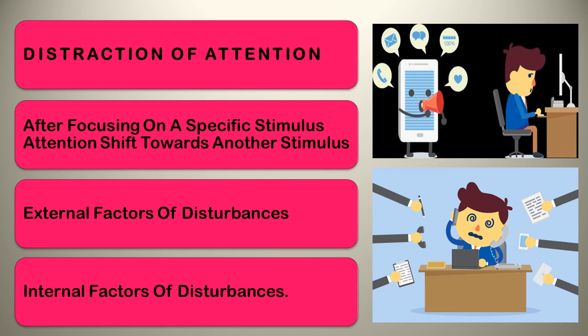Sometimes internal factors like a disturbed physical or psychological state, lack of interest, mental set can also cause distraction of attention. For example, our attention may get distracted if we have a stomach ache.